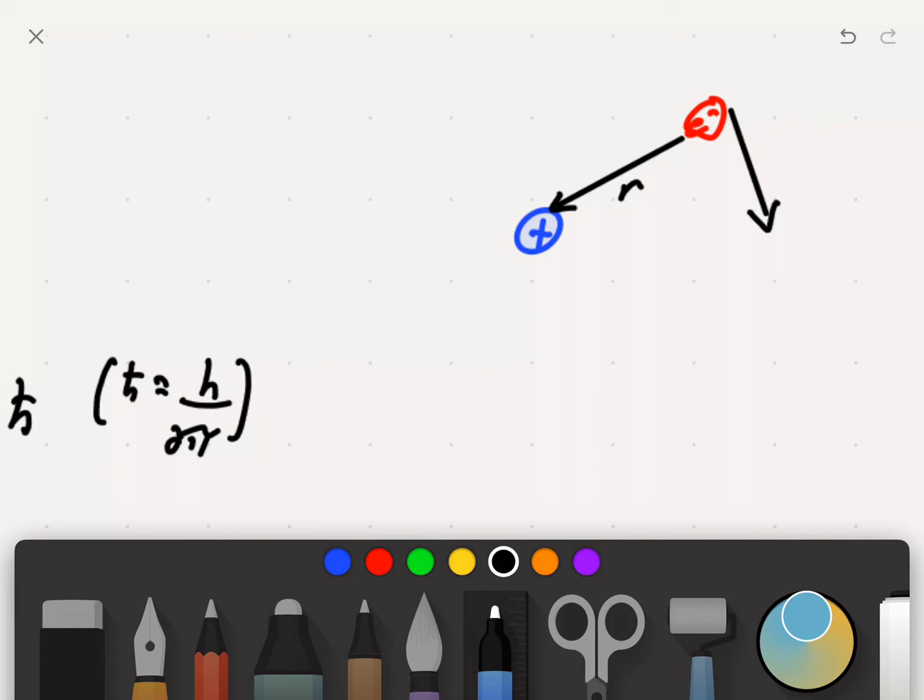Let me draw these using different colors here. I'll draw a velocity here, and we're going to have a Coulomb force pointing here.